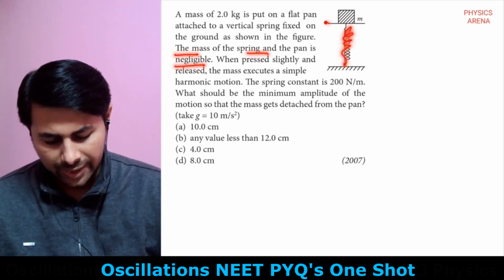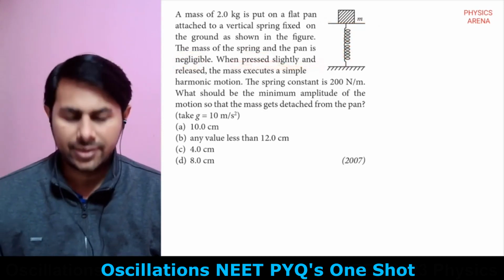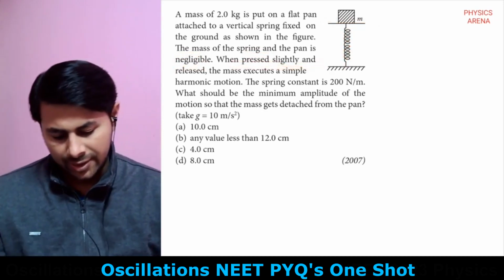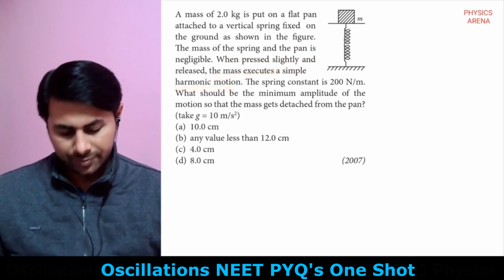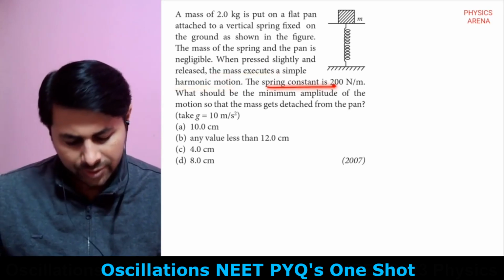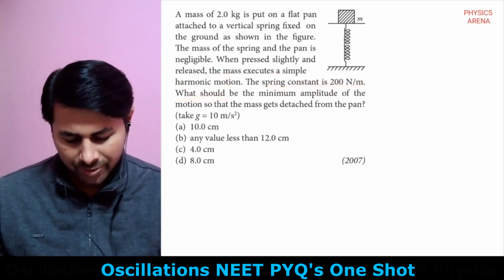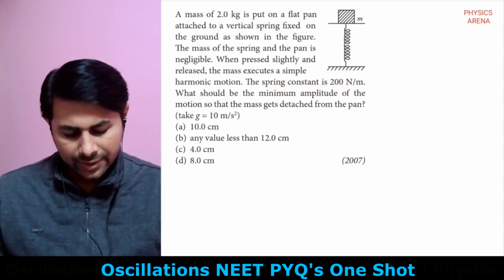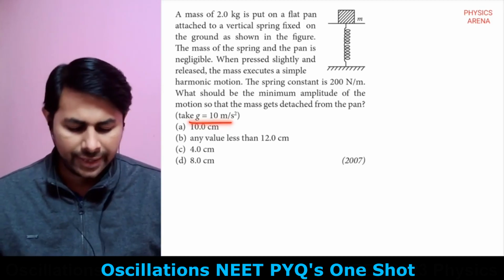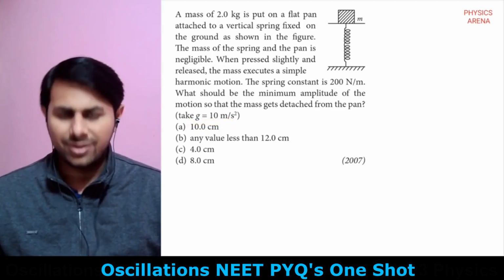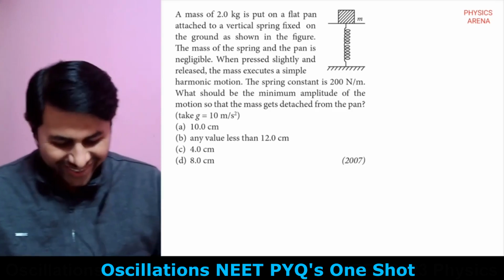When pressed slightly and released, the mass executes simple harmonic motion. The spring constant is 200 newtons per meter. What should be the minimum amplitude of motion so that the mass gets detached from the pan? Take g equals 10 meters per second square. One minute goes in reading the question itself.